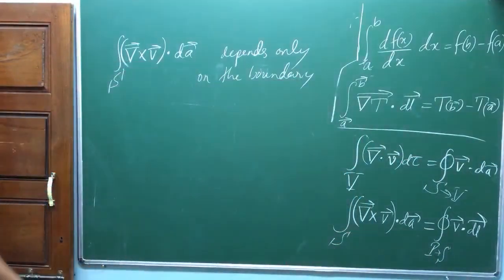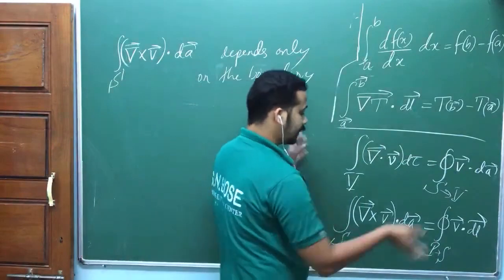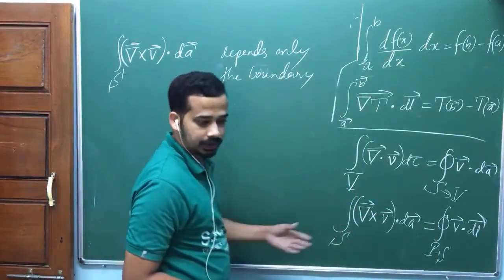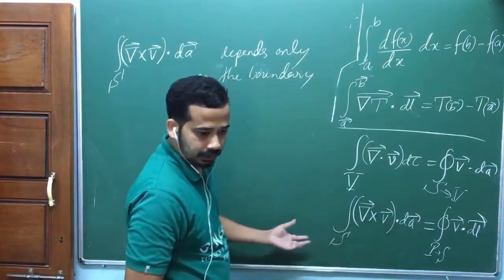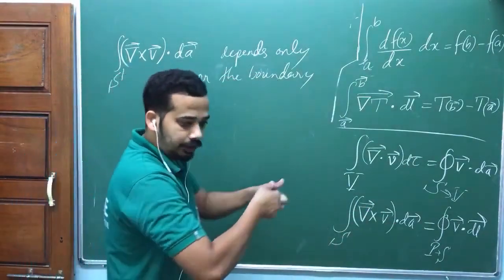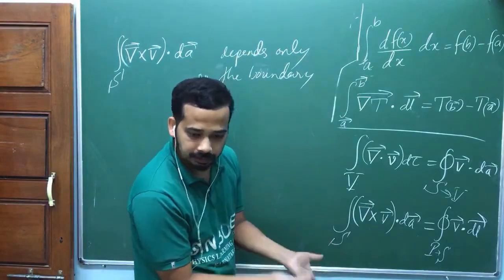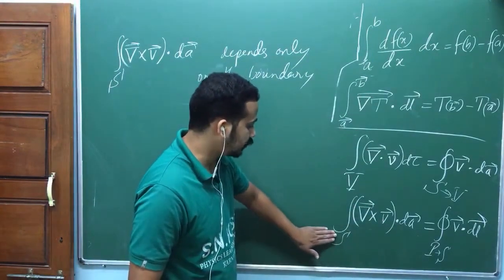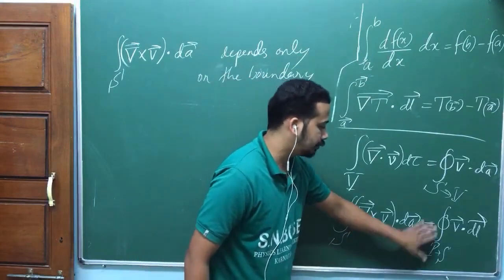And if you make it a closed surface, what will happen? Just take it as a balloon. In the case of a balloon, if you tie it, the balloon will again become a closed surface. Am I right? If you make that surface closed, there will be no path. That means this part is 0.